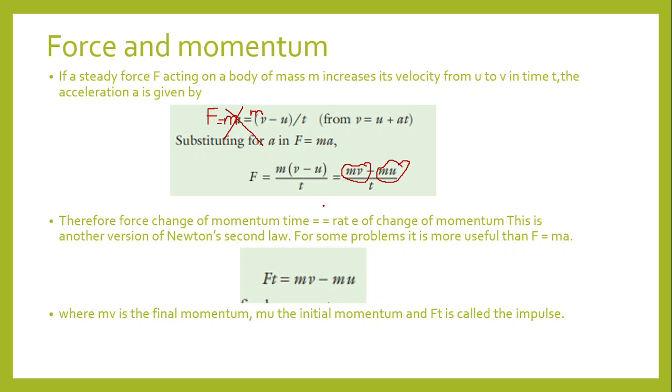This is another version of Newton's second law, another version of F is equal to ma. We use the same definition. Instead of using a as is, we just used v minus u by t. So it's not another law. It's simply Newton's second law that we have already studied so many times.